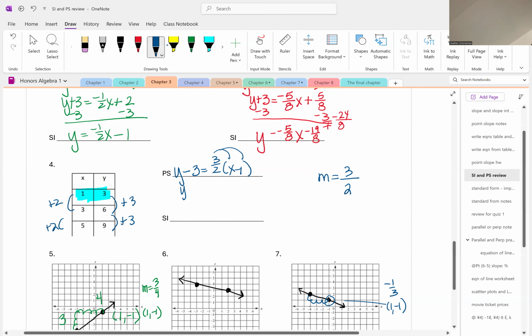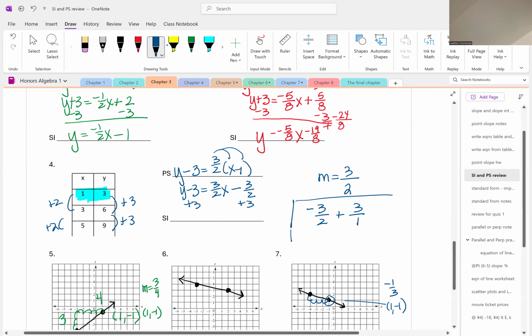Now we're going to distribute, so I get y minus 3 equals 3/2 x minus 1 times anything is itself. Now we got to get y by itself, so I'm going to add 3 to both sides. Now I'm going to write this bigger over in a bubble so you can see it for the first time we did it together. So I have -3/2, and I am adding 3.